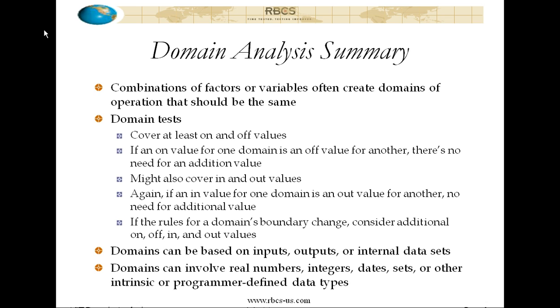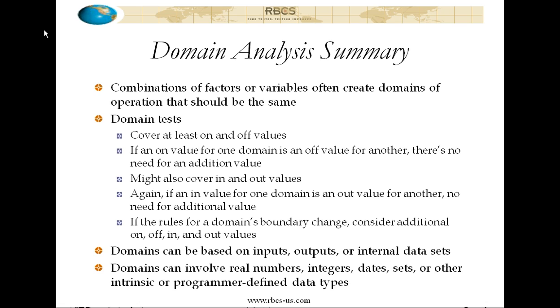But when the calculation changes based on, as I said, one or more of the factors, then the domain analysis will allow you to pick values to be used that will allow you to test the different calculations, have confidence in them, but at the same time not test the combinatorial explosion that would be associated with trying to test boundary values across a number of factors.